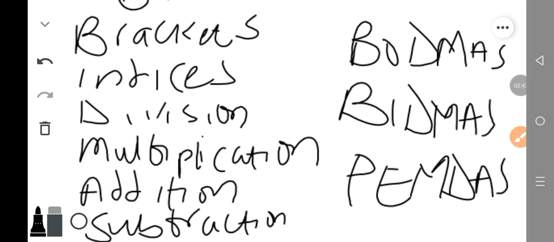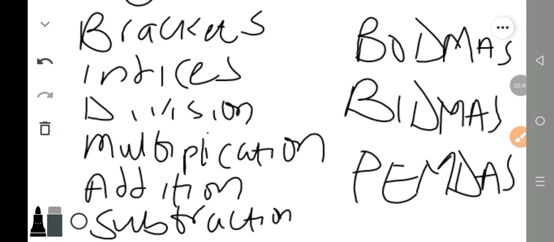So it means the same thing. The P in PEMDAS means parentheses. So you first start with your bracket, or in another word, parentheses, then your indices, which is also order, and then you go with your division, your multiplication, your addition, your subtraction. So you follow these steps.